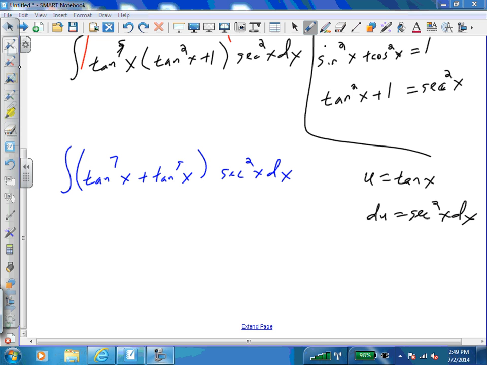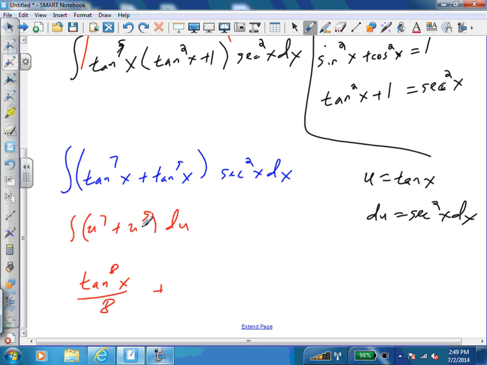So basically we have u to the 7th plus u to the 5th du. We integrate that. We get u to the 8th over 8, so tangent to the 8th over 8, plus u to the 6th over 6, so tangent to the 6th over 6, plus c.